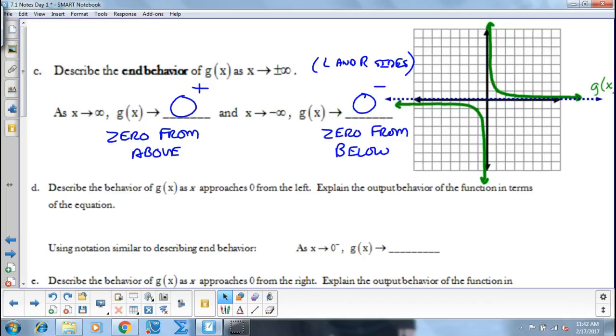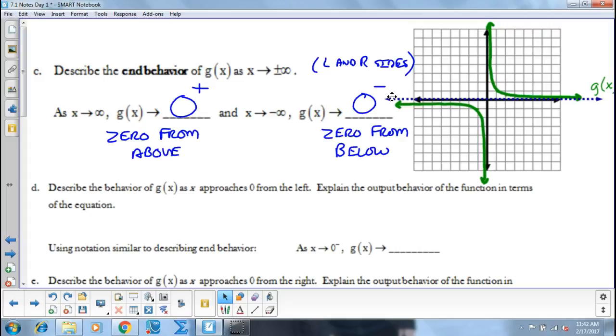So there should be a dashed line right there because my function is approaching that horizontal asymptote, but it will never get there. Okay. Now, let's go back to D.